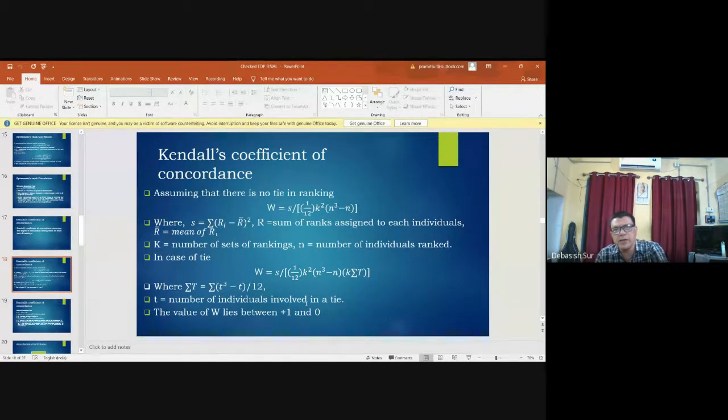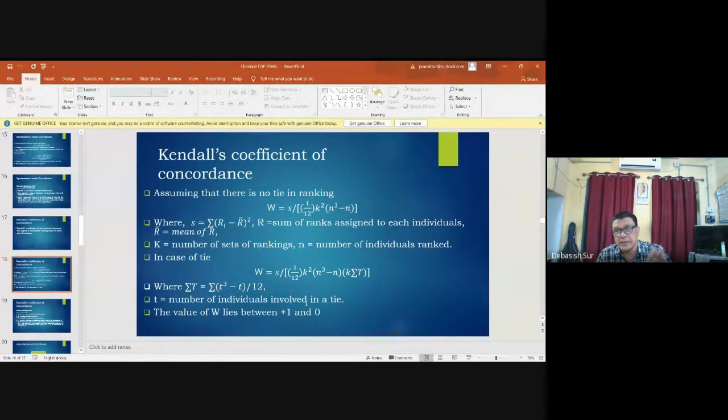Actually the formula will be small s divided by 1 by 12 into k square into (n cube minus n) minus k into sigma capital T, where sigma capital T equal to sigma (T cube minus T) divided by 12. So small t equal to number of individuals involved in a tie.